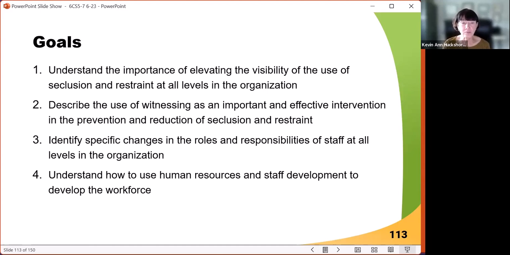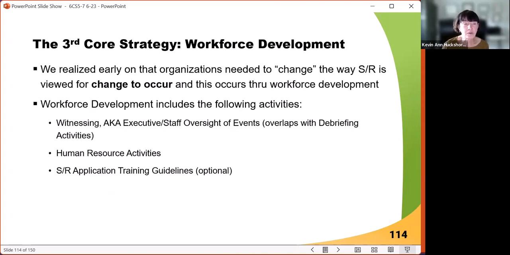The goals are to understand the importance of elevating the visibility of the use of seclusion and restraint, describe the use of witnessing, or also called elevating the visibility, as an important and effective intervention, identify specific changes in the roles and responsibilities of staff at all levels of the organization in order to make this culture change process effective, and understand how to use human resources and staff development systems to help develop our workforces.